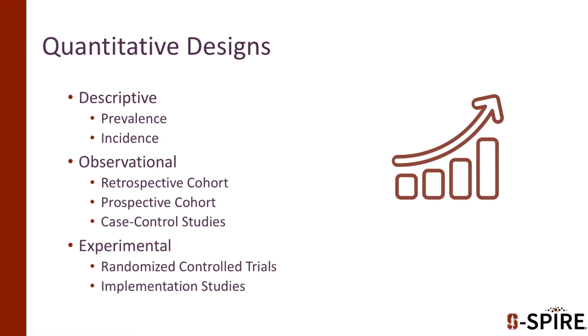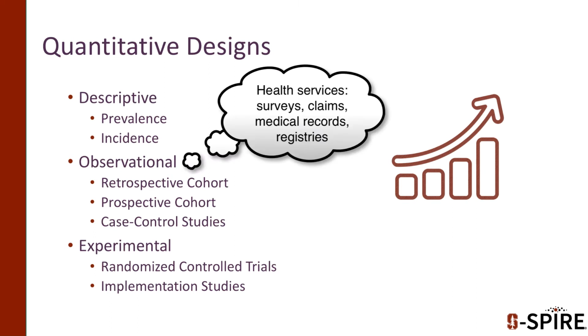Observational analytic studies do test hypotheses, but they do not control any aspect of the research experimentally. For example, survey data are often used in social sciences, including in health services research. Other observational studies are also common in health services research due to the availability of claims data, electronic medical records, and clinical registries.